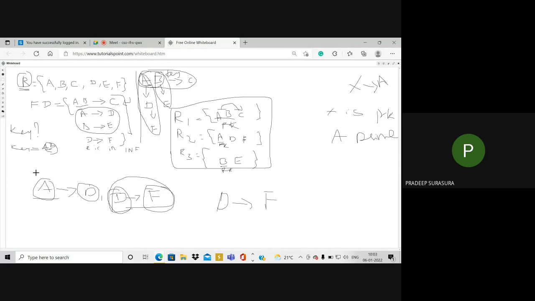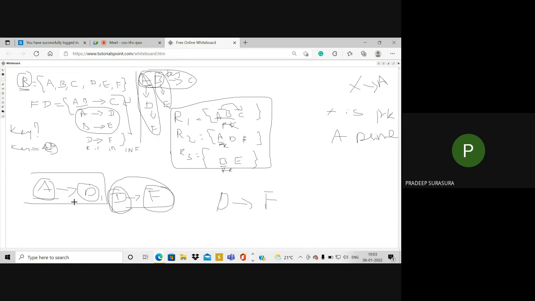Now look into all the FDs and check which FDs satisfy and which violate. AB determines C: AB is the key, so that satisfies third normal form. A determines D is in this particular table.